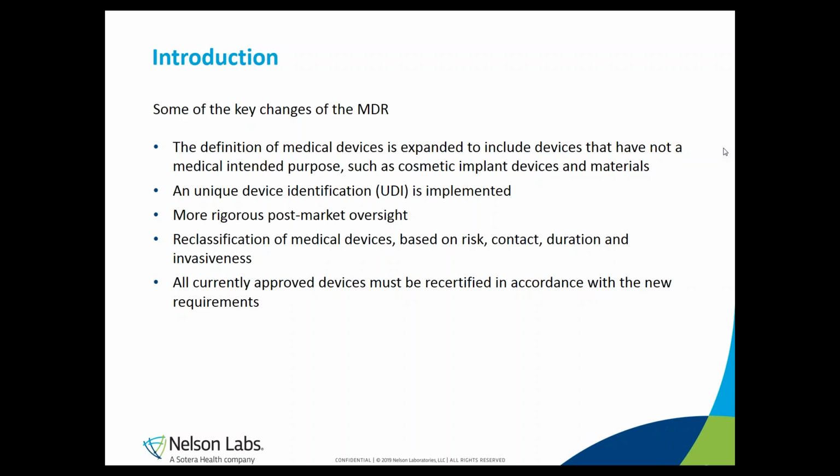Also be aware that for any device proportionate to the risk class and appropriate for the type of device, the manufacturer is expected to plan, establish, document, implement, maintain, and update a post-market surveillance system as part of the manufacturer's quality management system. So what the MDR wants is that the manufacturer plays an active role during the post-market phase.